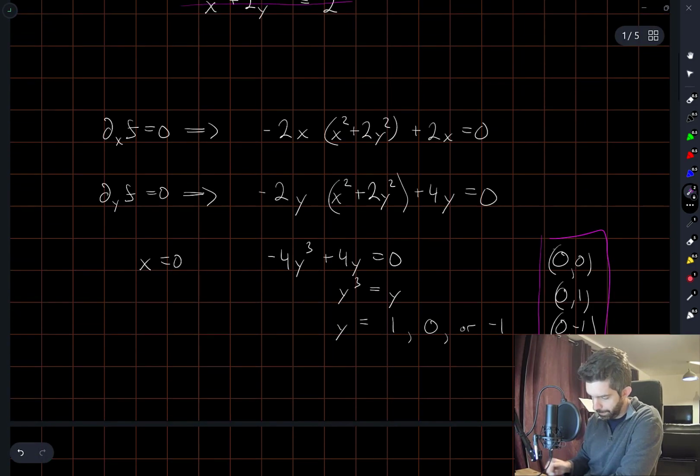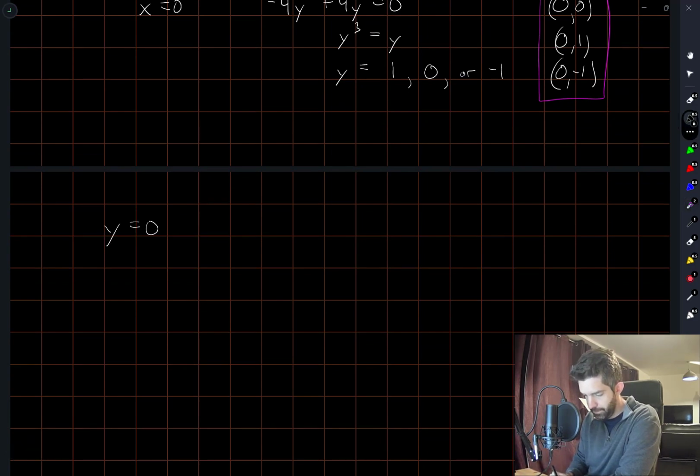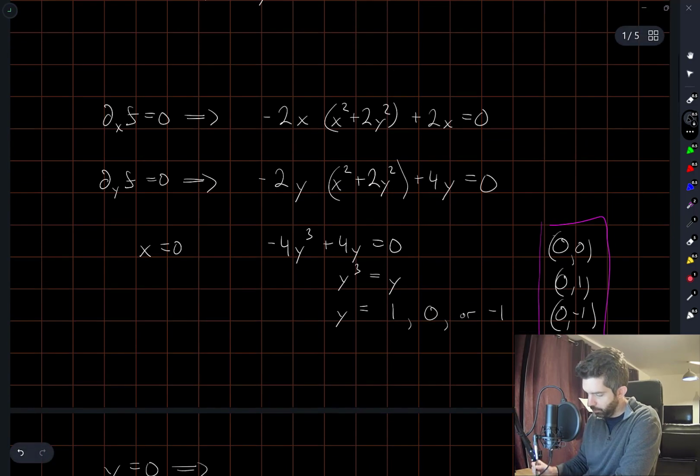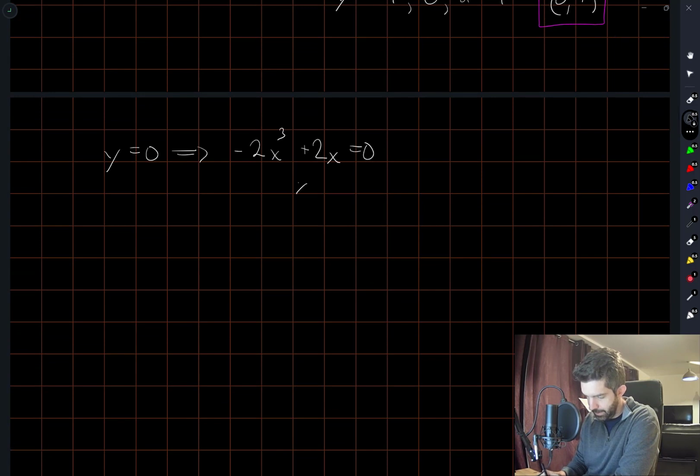Okay, but also in these two equations, I can also let y be equal to 0. If y is equal to 0, the second equation will automatically be satisfied, and the first equation turns into, so again, I have x will be equal to 1, 0, or negative 1.